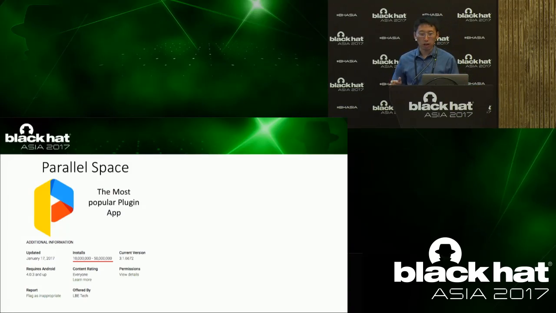The most popular app powered by plugin technology is called Parallel Space. This app has been downloaded and installed through Google Play more than 10 million times, and it's quite popular. Basically, this app just leverages plugin technology to run multiple instances of an app that's already installed on the user's device.